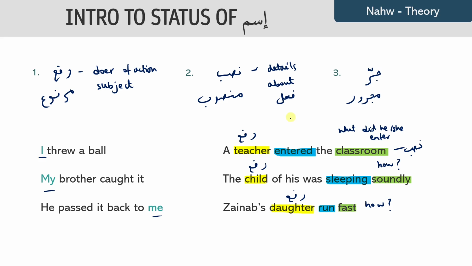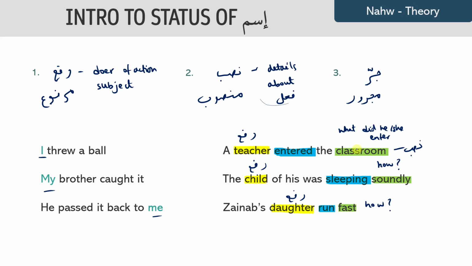As for the question who did the action, that is the rafa. Who did the action is not a detail about the action. Who did the fi'l is going to represent the doer of the action. So the answer to the question who will be rafa. The answers to the other questions will be nasab.